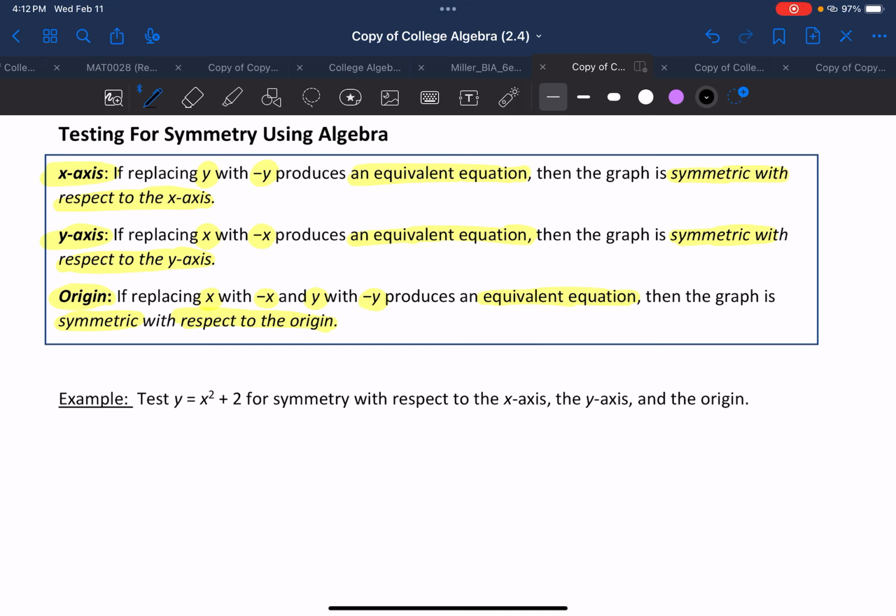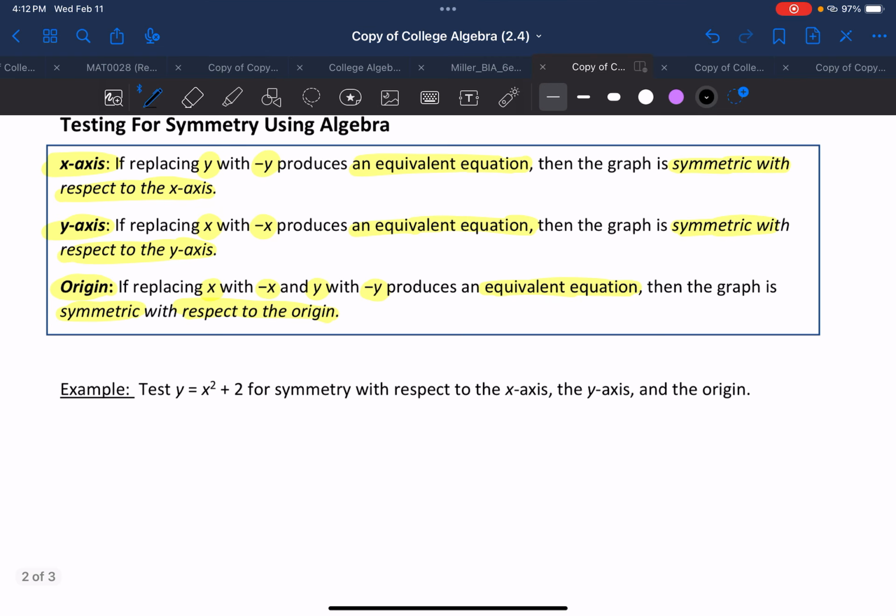So for this first example, they want me to test whether y equals x squared plus 2 is symmetric with respect to the x-axis, y-axis, or origin. So we're going to do all three. If I test for the x-axis, again, I'm replacing y with negative y. So this becomes negative y equals x squared plus 2.